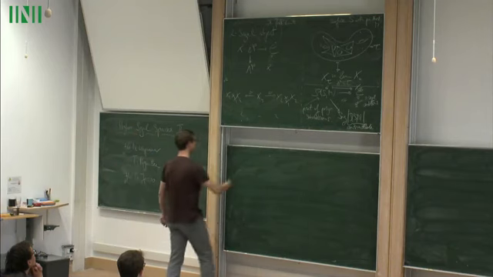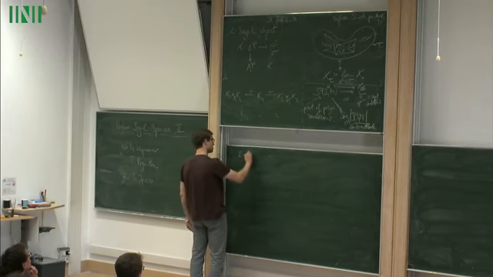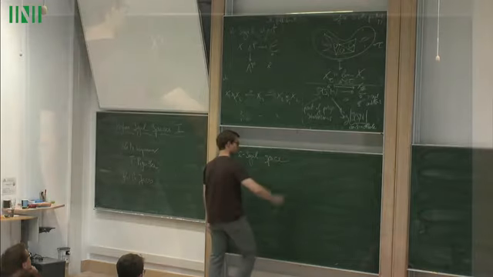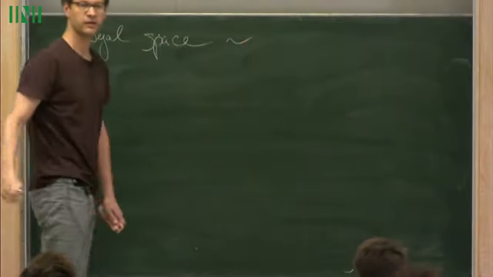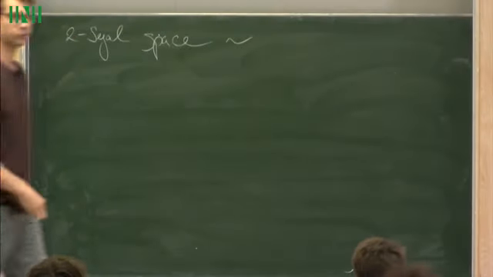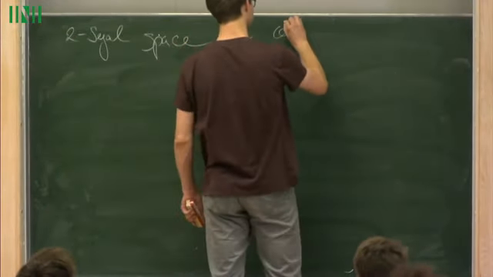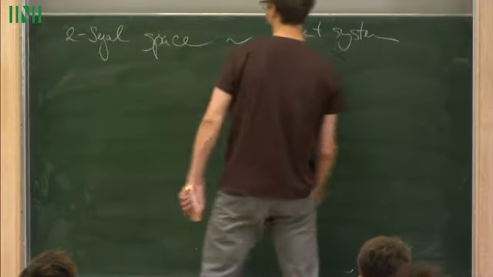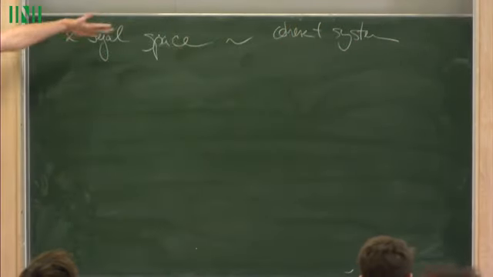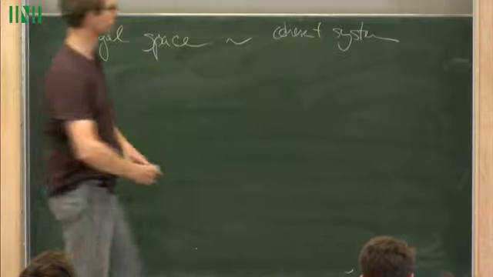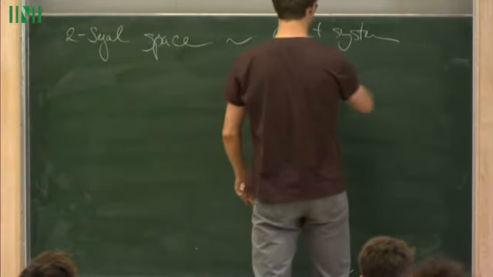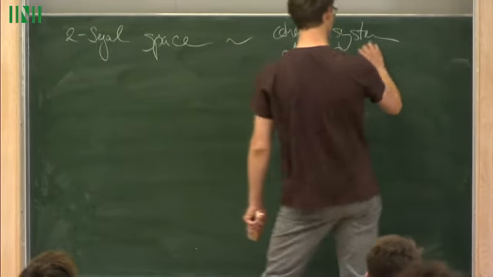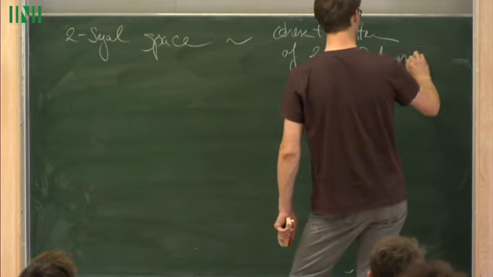Okay, so a two-Segal space is kind of the same thing as just a coherent system of two Pachner moves. Whenever this two-Segal space comes equipped with a sufficient amount of additional symmetry, it can be used to provide surface invariants.